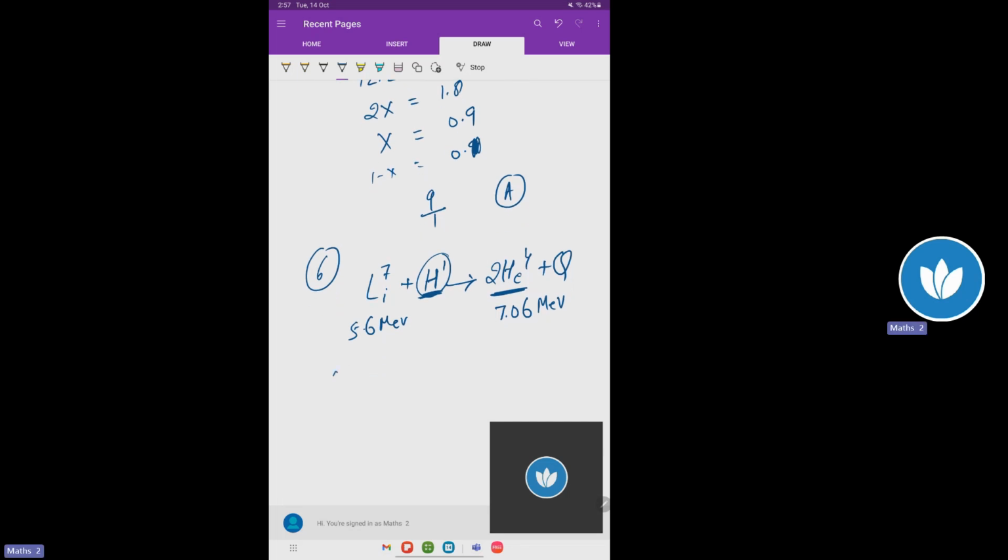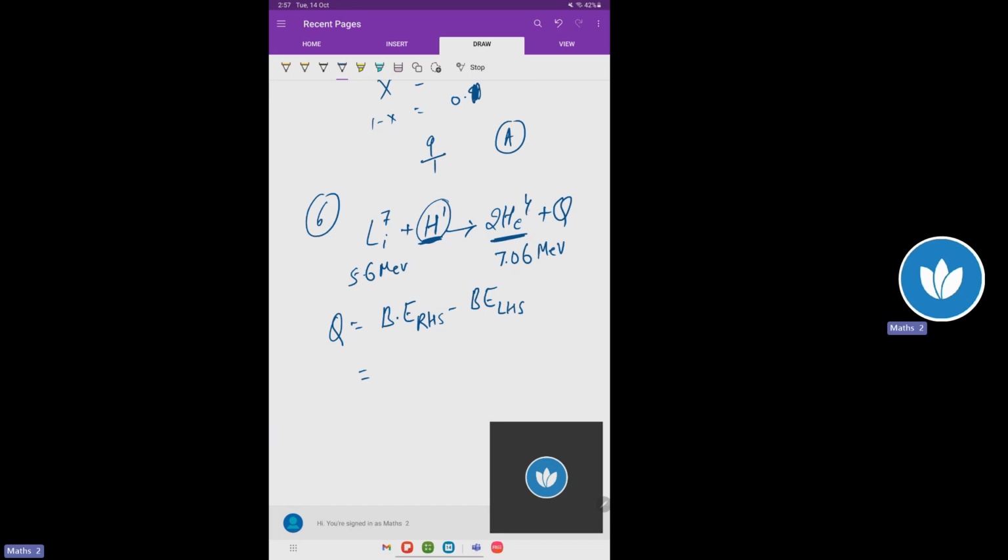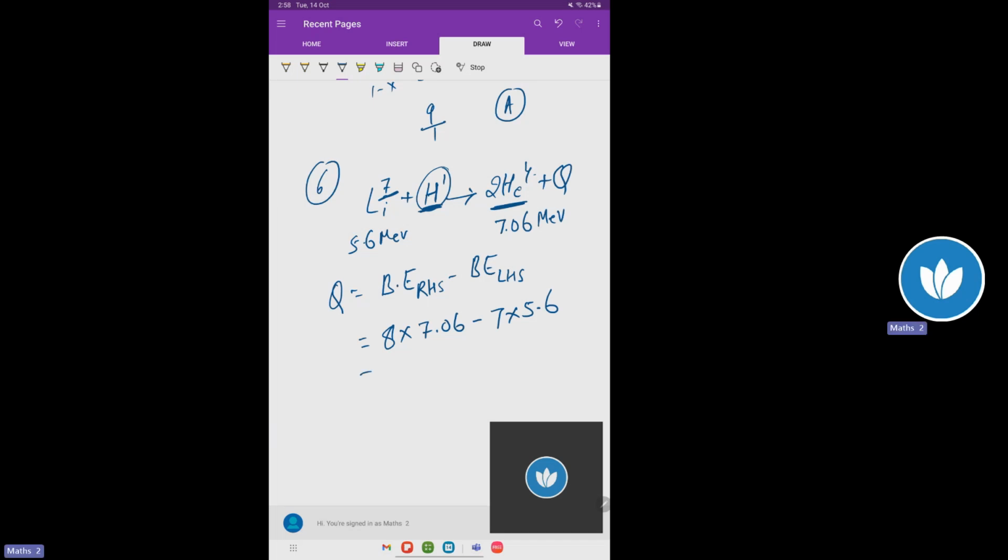Now Q is equal to binding energy right hand side minus binding energy left hand side. Right hand side, total number of nucleons 8 into binding energy per nucleon minus this side nucleons are 7 and binding energy per nucleon is 5.6. To solve, we will get 7.3 mega electron volt.